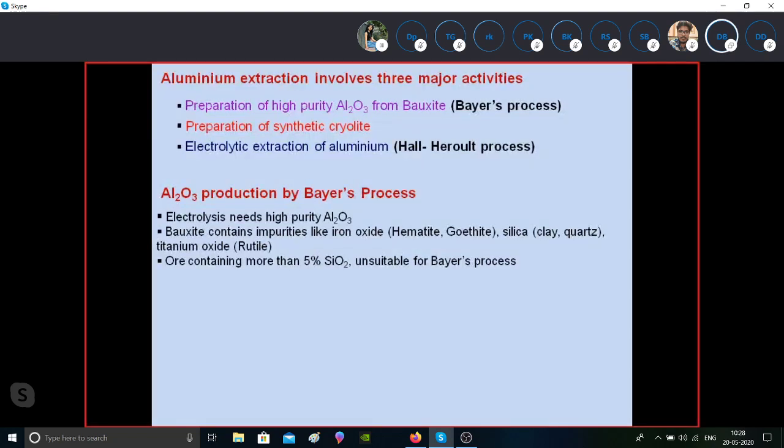So we need to free alumina from all types of impurity. Bauxite contains iron oxide, silica and titanium oxide as impurities.